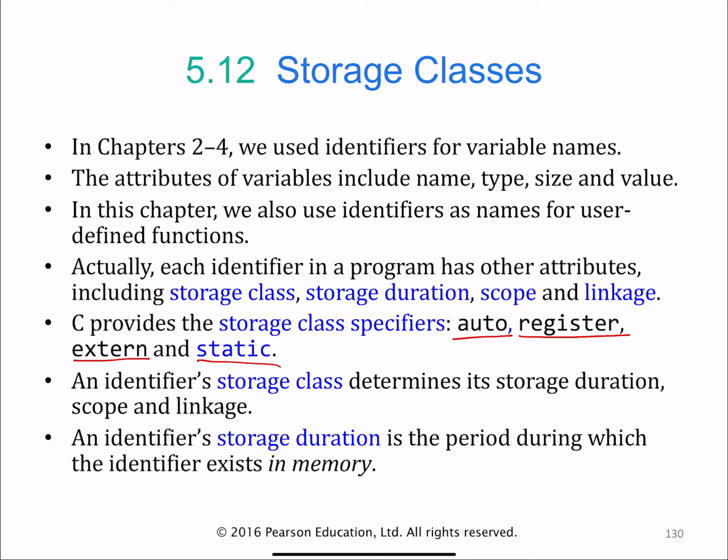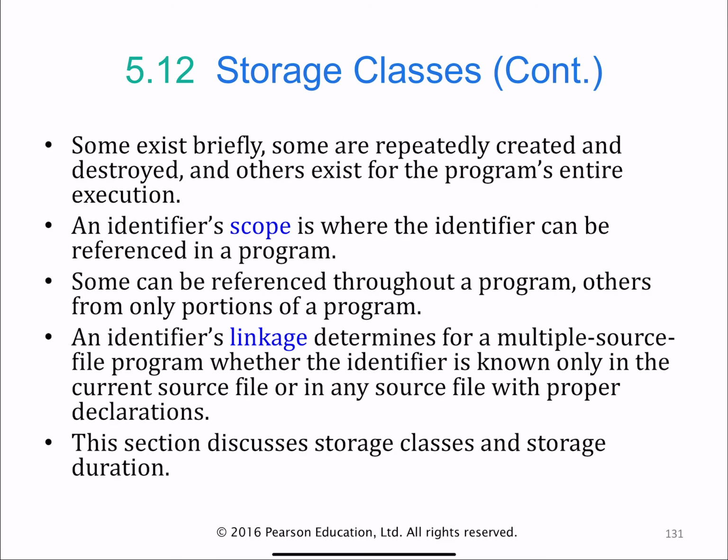Now, what storage class a variable belongs to determines how long that identifier, that variable exists, and like I said earlier, what its scope is. Some of these variables exist very temporarily while we are in certain sections of our program.